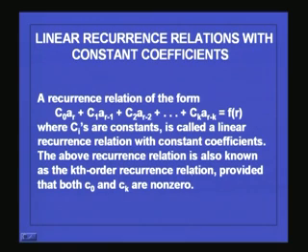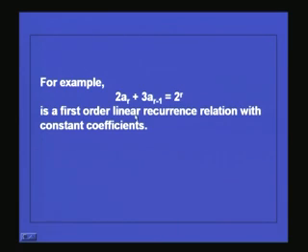The above recurrence relation is also known as the kth order recurrence relation, provided both C naught and Ck are non-zero. For example, 2AR plus 3AR minus 1 is 2 power R. This is a first order linear recurrence relation with constant coefficients.